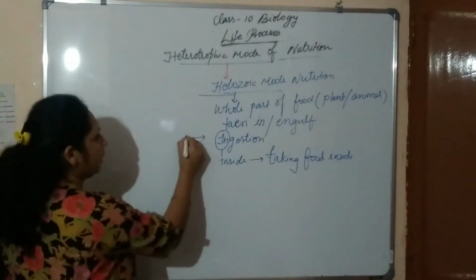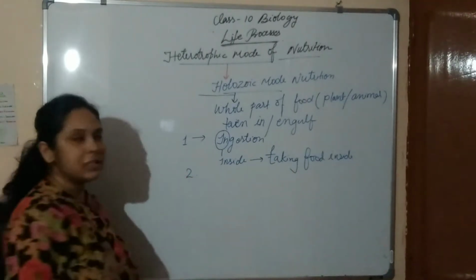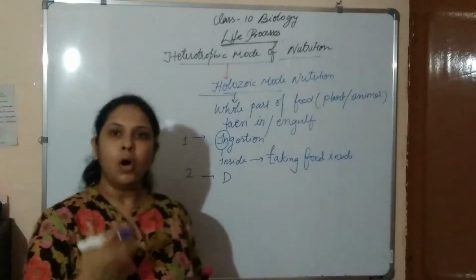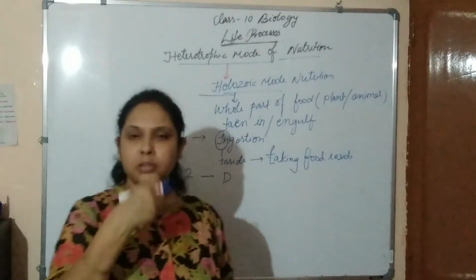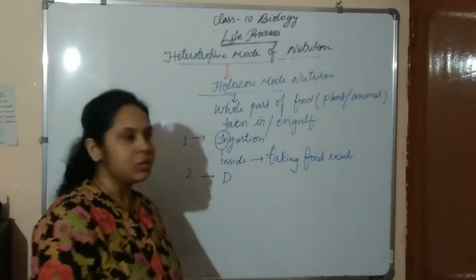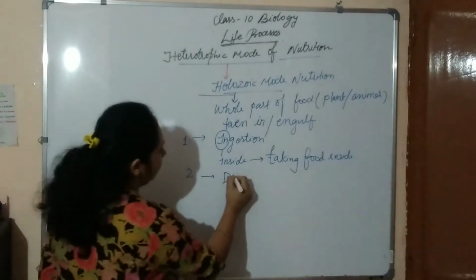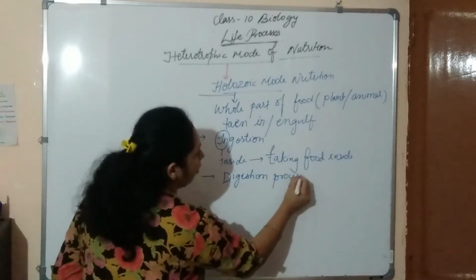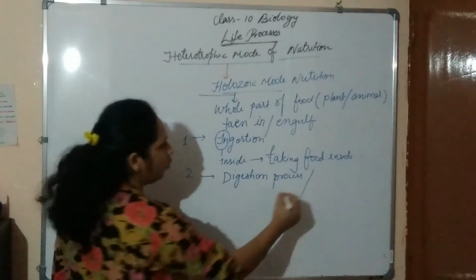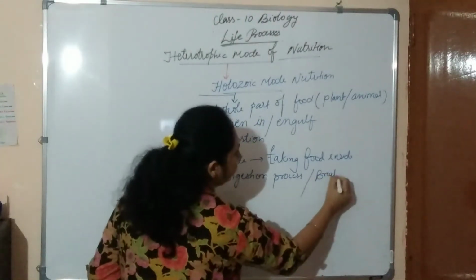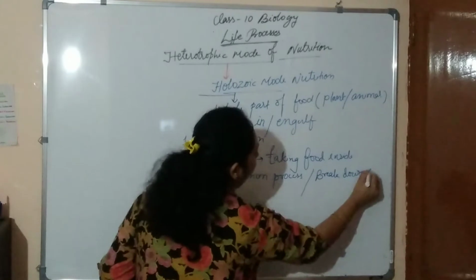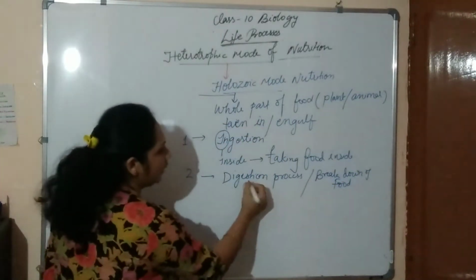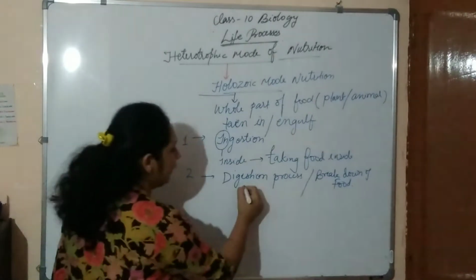Now the second step is digestion. Here the organism is just taking the food in through its mouth, and now the digestion process occurs internally. Digestion, or we can say the breakdown of food, occurs inside the body, so digestion is basically internal.